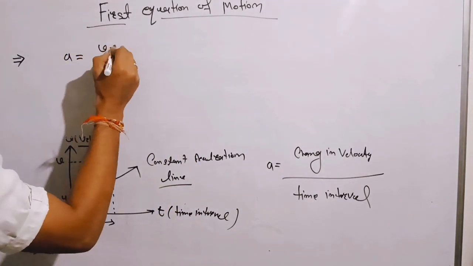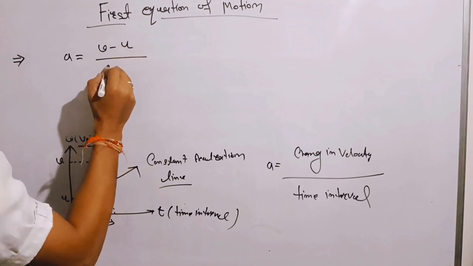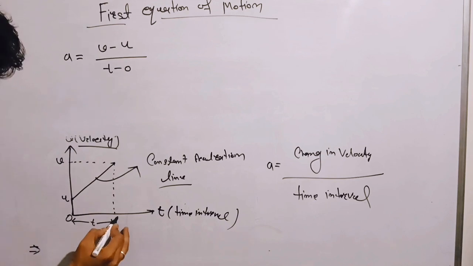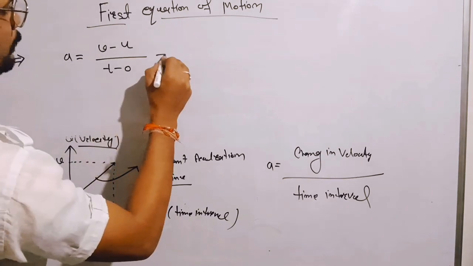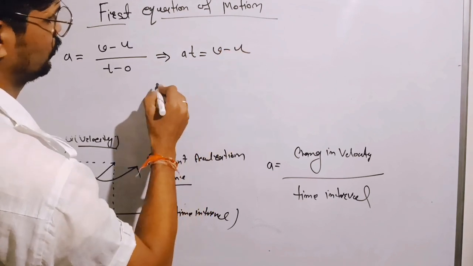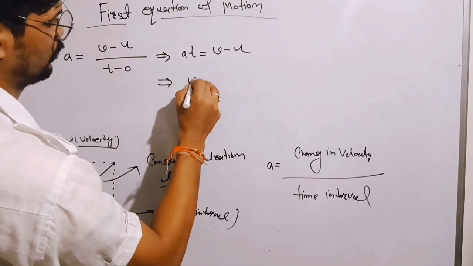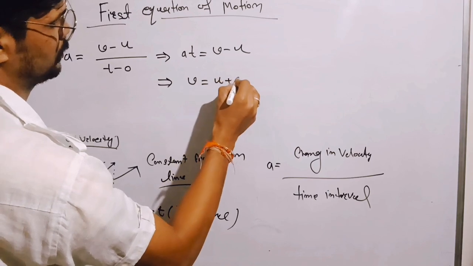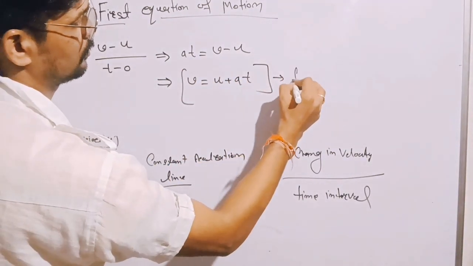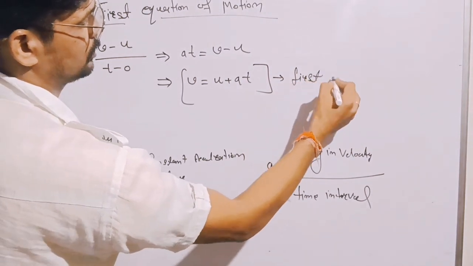So a is equal to v minus u upon t. So A को T से मल्टीप्लाई कर देंगे, क्रॉस मल्टीप्लाई a into t is equal to v minus u, v minus u is equal to at.